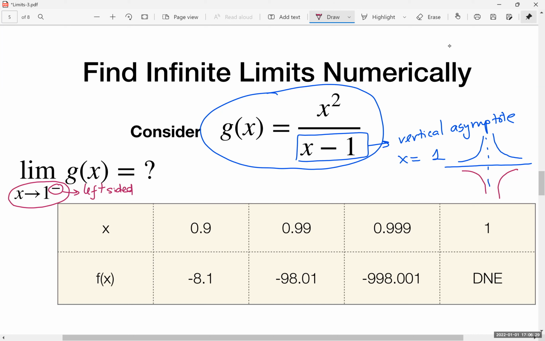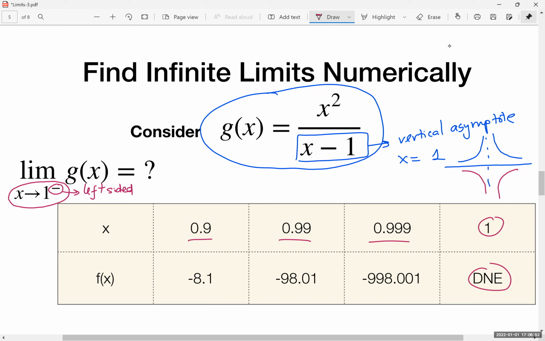So we have the table of x values starting with 1, and we know that g of 1 is undefined. And then we find a few values of x on the left of 1. So 0.9 is close to 1, but if you want to get a little closer, 0.99 or again 0.999.